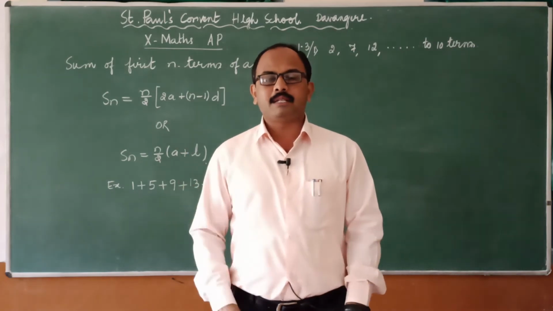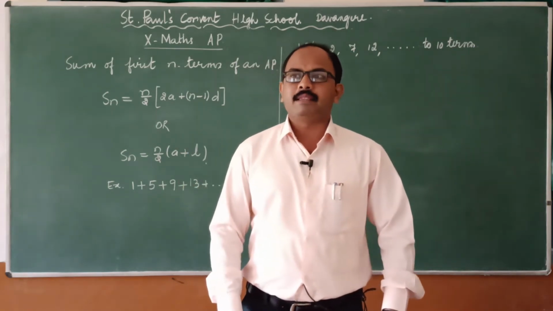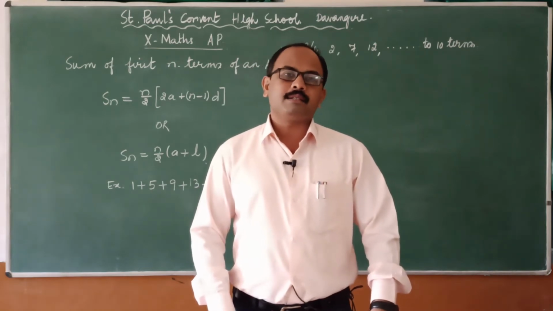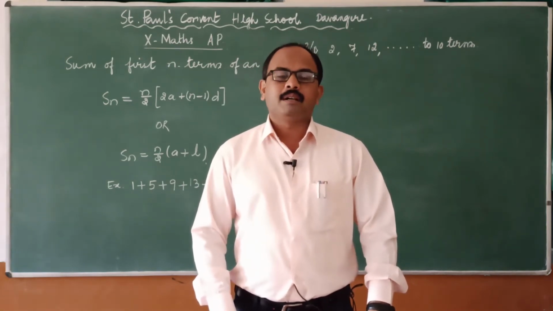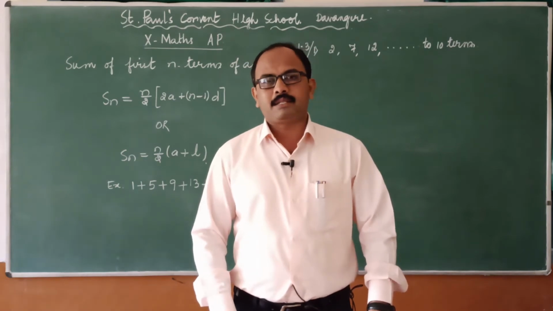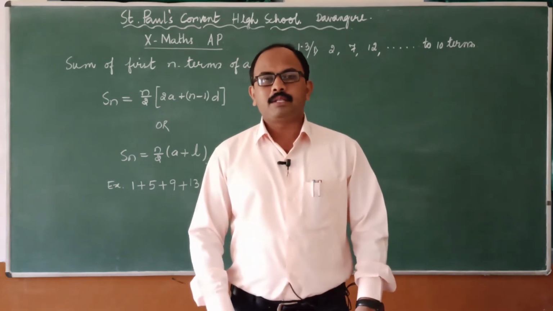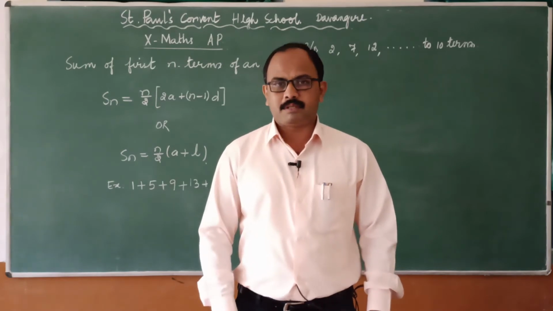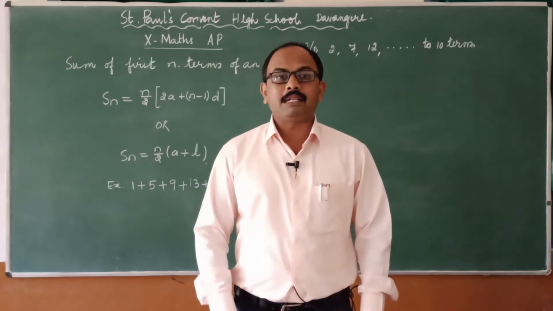In our previous classes, we have calculated: find the 10th term, find the common difference, find the first term, write down the AP. Likewise, today, based on the sum, find the sum of 10 terms, find the sum of 12 terms.